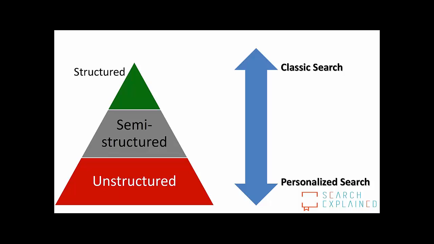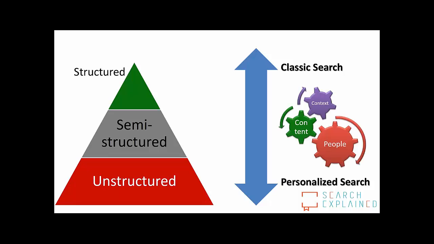The better metadata you have, the better classic search can be. So I recommend to use classic search for your structured content and more personalized search for your unstructured content, and vice versa. If you want to use classic search, you have to structure your content better. And again, you have to think about the people and content and the context all together.